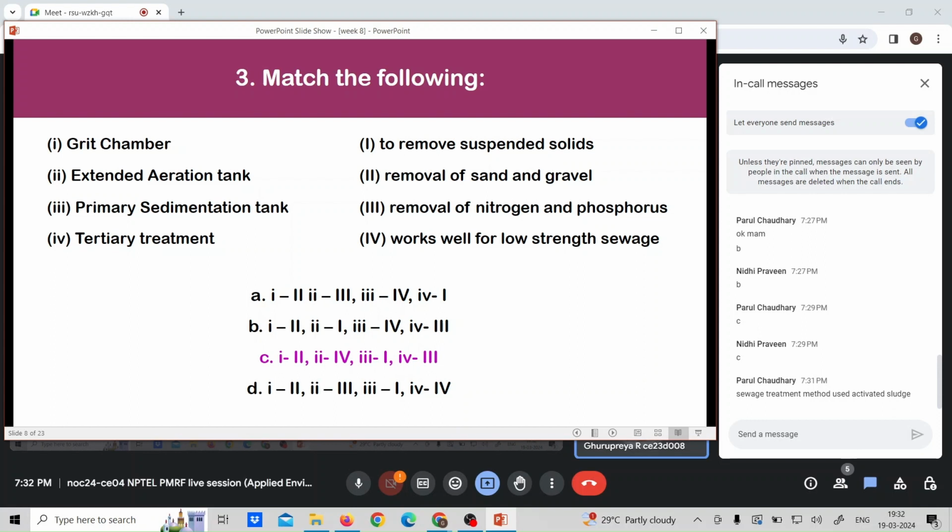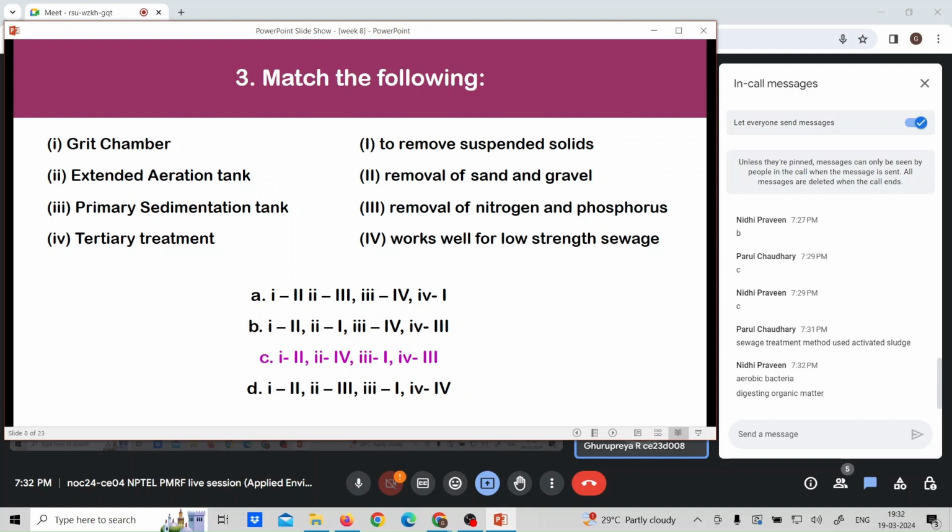We have activated sludge, so why do we go for extended aeration? No, aerobic bacteria digesting organic matter.